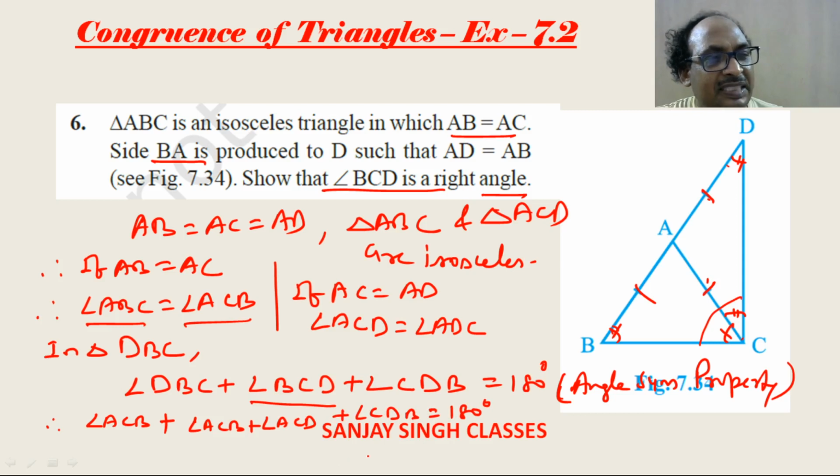From here we are finding angle ACB plus angle ACB, so it has become 2 angle ACB, plus ACD and CDB. CDB or CDA or ADC, both are same.